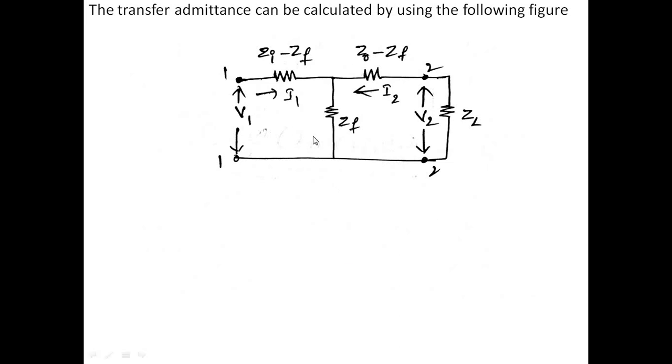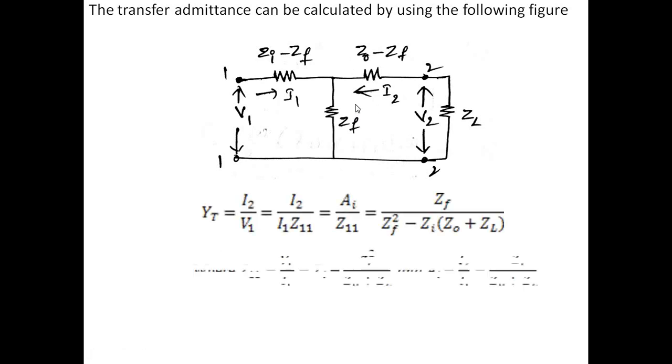This is the basic circuit we showed in the previous video lecture on tuned amplifiers, class 3. Now these are the derivations we quoted in the earlier video lectures. Yt is I2 divided by V1, trans admittance, output current divided by input voltage, which is I2 by I1 into 1 by Z11.